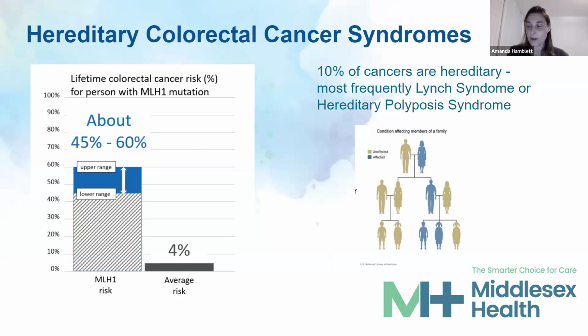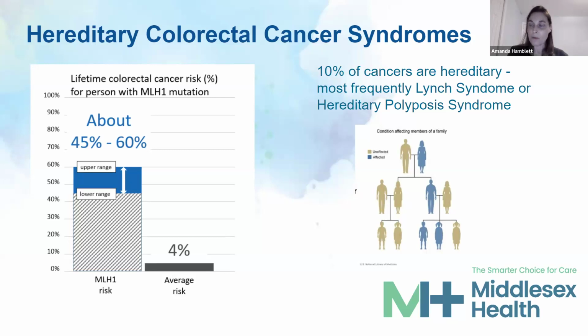Hereditary cancer, like Lynch syndrome, is due to a genetic difference or a mutation that exists and is inherited from generation to generation in a family. And most often it is inherited in what we call an autosomal dominant way.